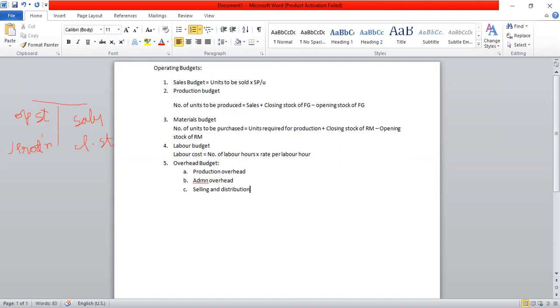These are the budgets which have to be prepared. We need to understand whether they are variable, fixed, or semi-variable in nature, and according to the nature of these overheads, the amounts are estimated. Fine. These are the budgets which are prepared under operating budgets.